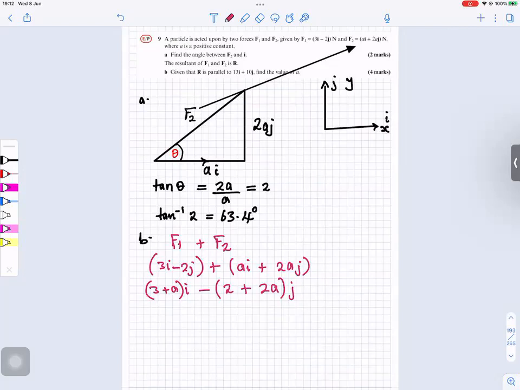But it's kind of like, since the I coordinates for R is 13, you kind of do 13 equals 3A. Sorry, 13 equals 3A.